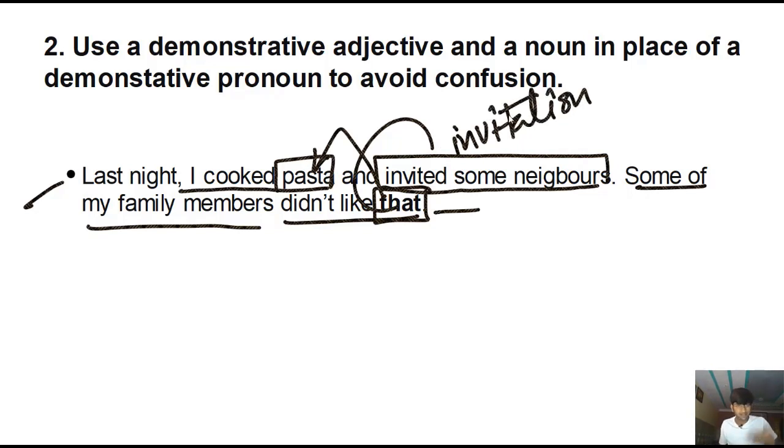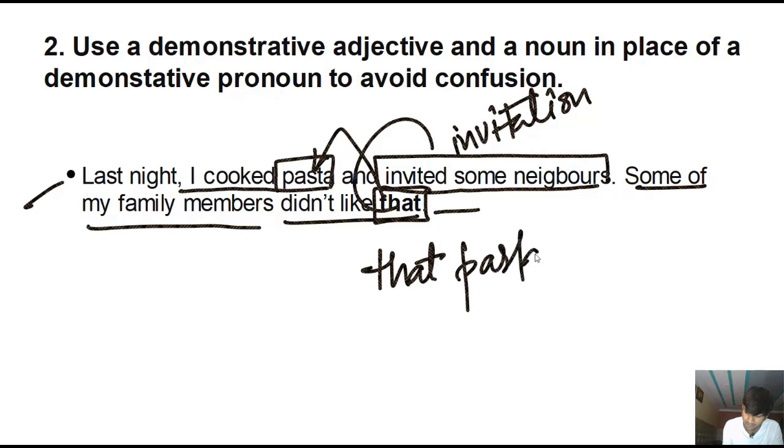It can be the pasta that I cooked, or it can be me inviting some neighbors. So in this situation, it is unclear which thing your demonstrative pronoun is referring to. To avoid confusion, use a demonstrative adjective and a noun that it's referring to. So I'll say, some of my family members didn't like that pasta.